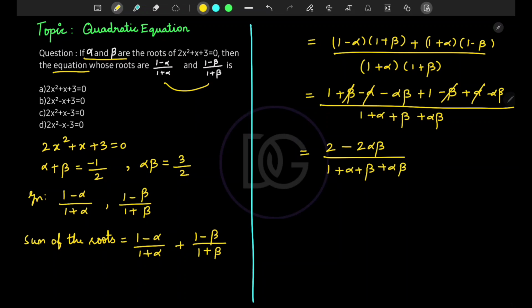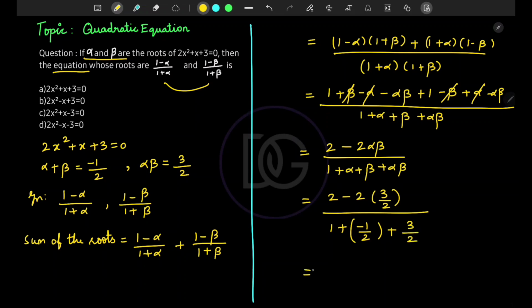We already found out the alpha plus beta value and alpha beta value. Just substitute: 2 minus 2 into alpha beta value, which is 3 by 2, divided by 1 plus alpha plus beta, which is minus 1 by 2, plus alpha beta value, which is 3 by 2.